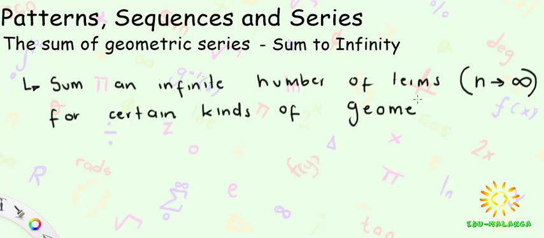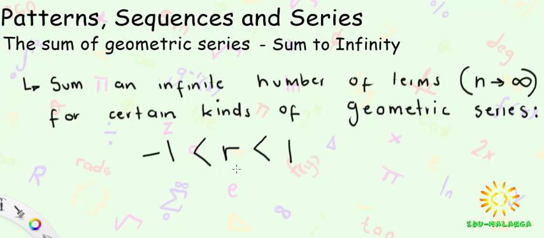And what we will do today is understand and expand on exactly what kind of geometric series you can sum to infinity. You can sum a geometric series to infinity when -1 is less than r and r is less than 1. So r, remember, is our common ratio for the geometric series, and when your r is less than 1 and greater than -1, then you can sum the terms of that geometric series to infinity.